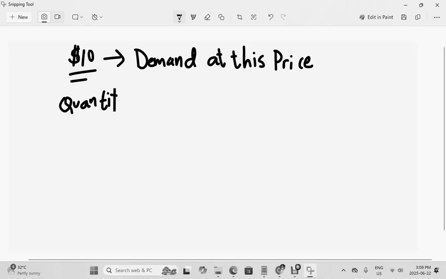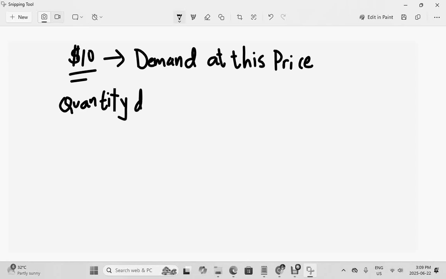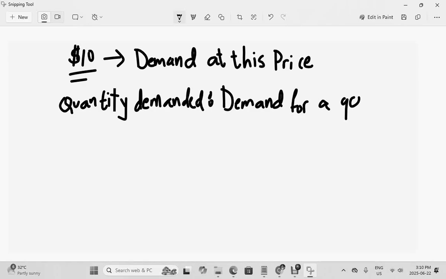Quantity demanded has to do with the demand for a certain number of units of a product at this particular price.